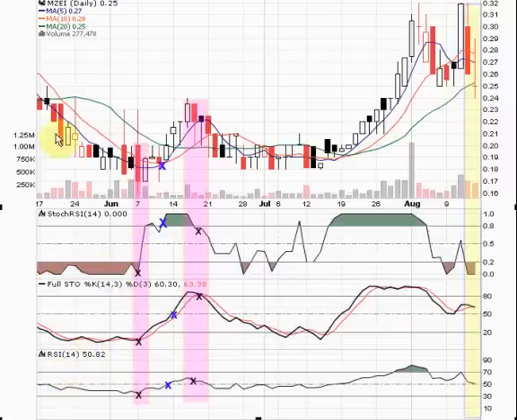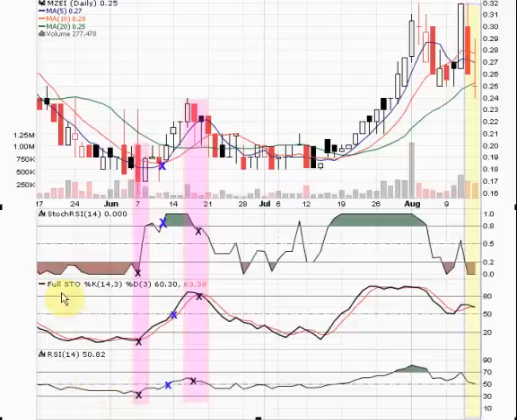So if the price has a red candle, that's a loss, and an open candle, that's a gain, and this is over 14 days. It calculates those percentages of losses and gains, and it will plot it on a graph for you.